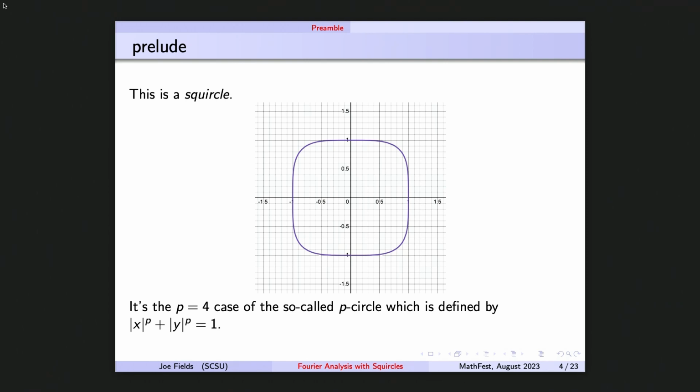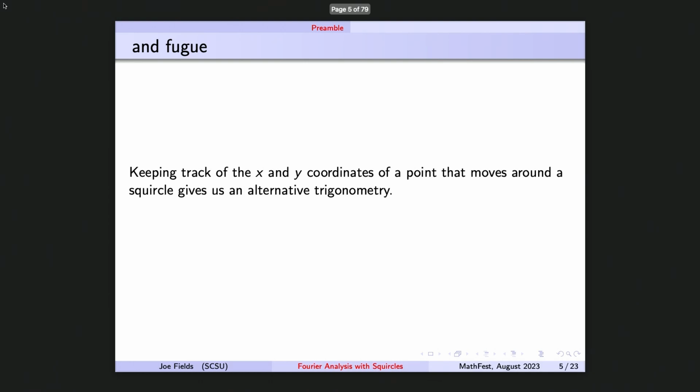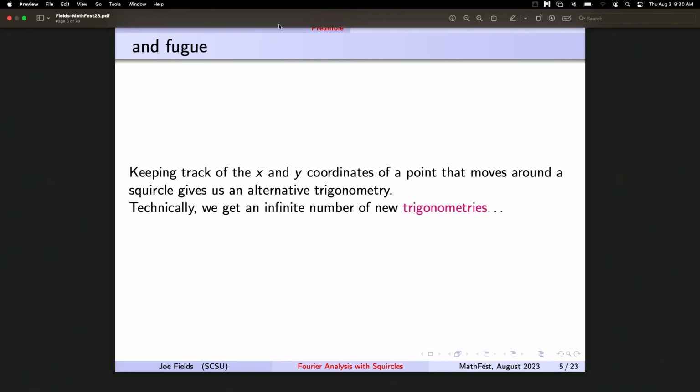There are absolute values in there for the cases where you're looking at odd values of p because they'll mess it up. But if you basically just keep track of the x and y coordinates as you move around those various curves, you get an alternative to trigonometry. You get squine and cosquine functions. And in fact, you get an infinite number of trigonometries.